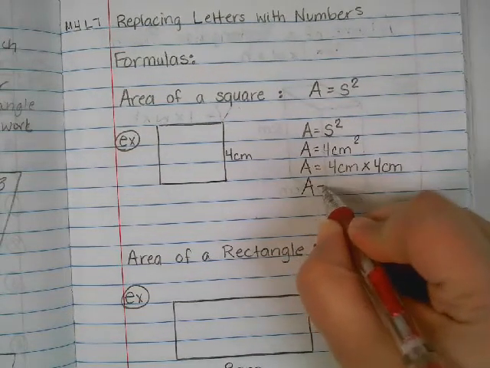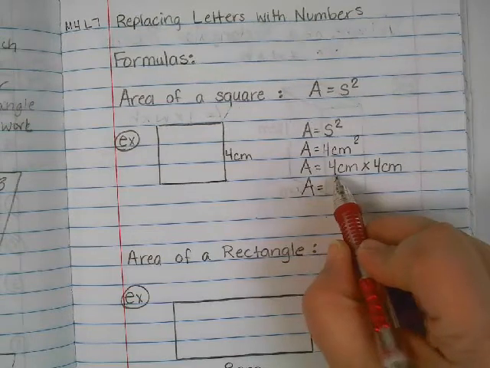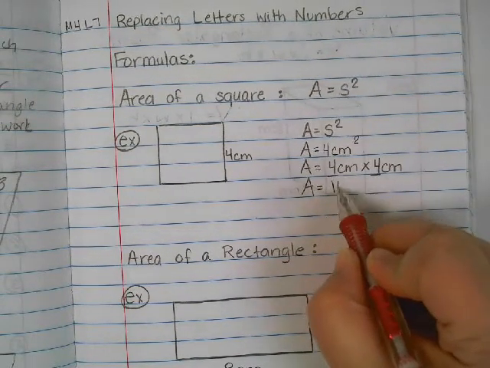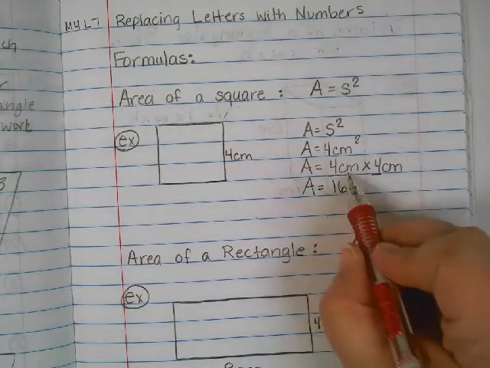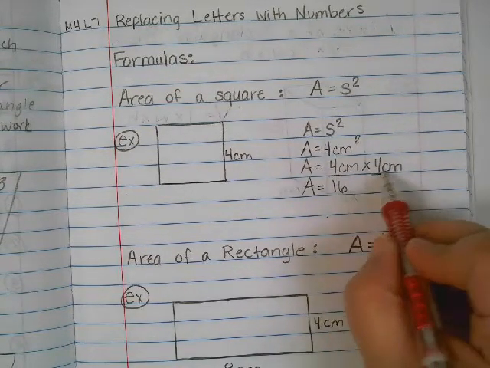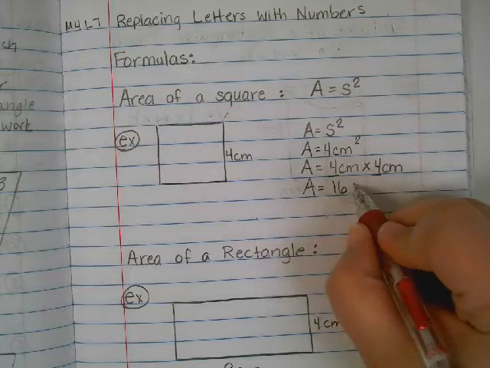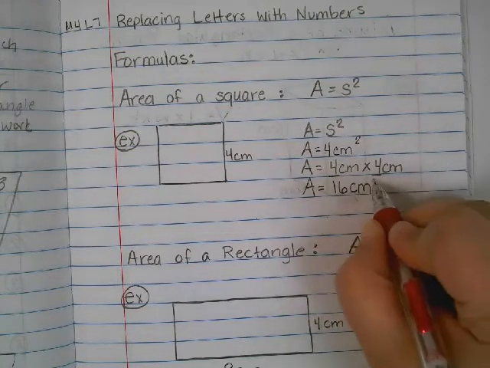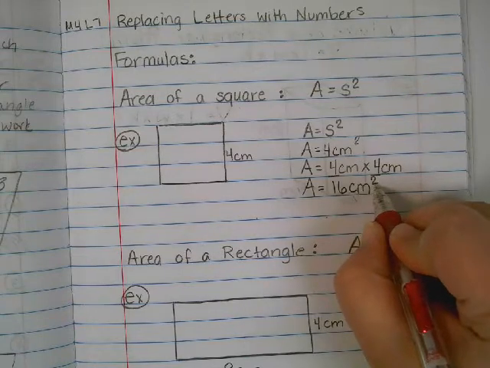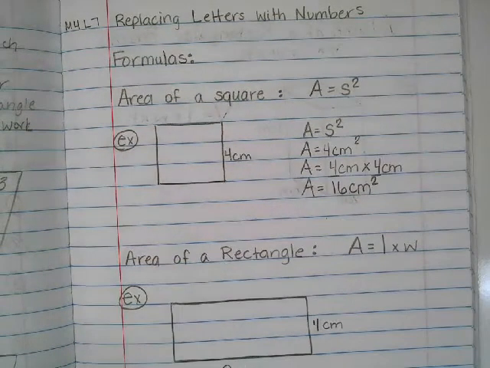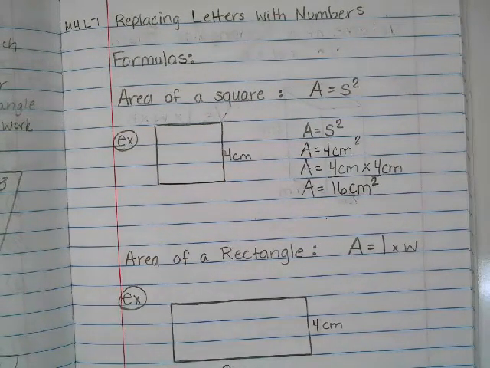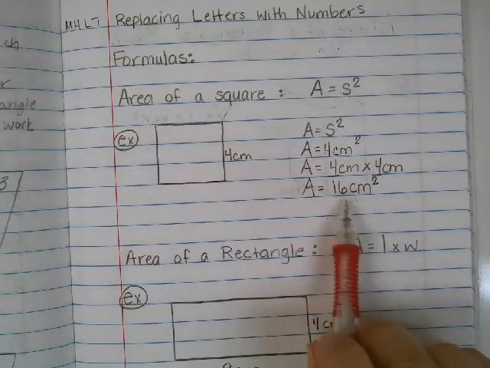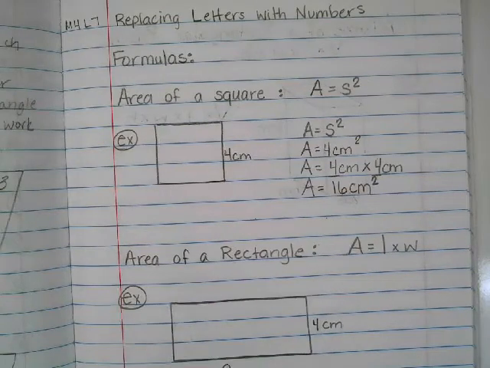Then I'm going to first multiply 4 times 4, and 4 times 4 is 16. And since centimeters times centimeters, I can't write numbers for that, so I'm going to write centimeters, and since there's 2 of them, it gets the squared symbol. So the area of a 4 centimeter square is 16 centimeters squared.